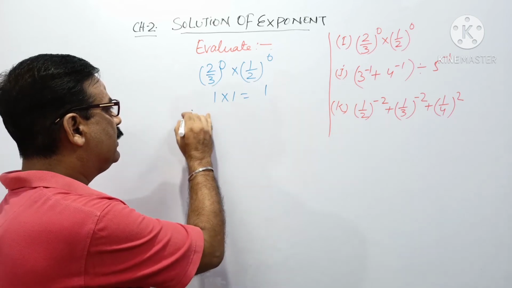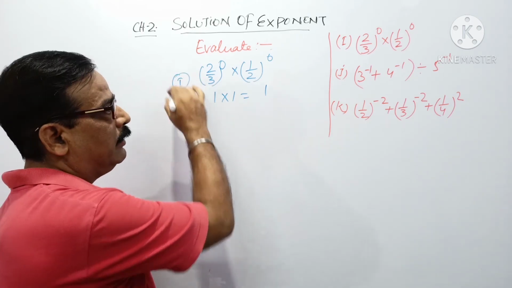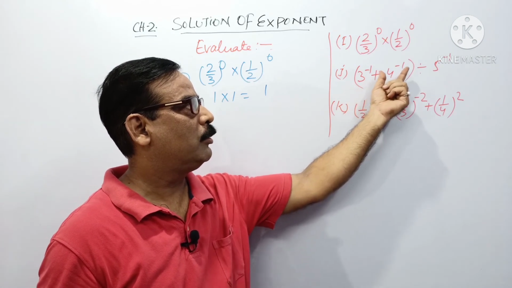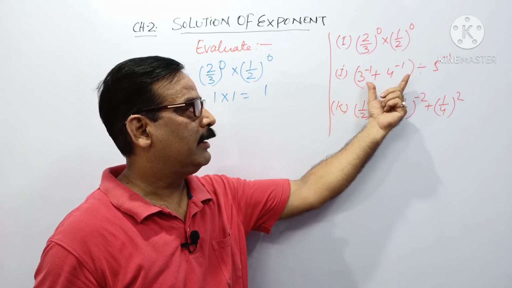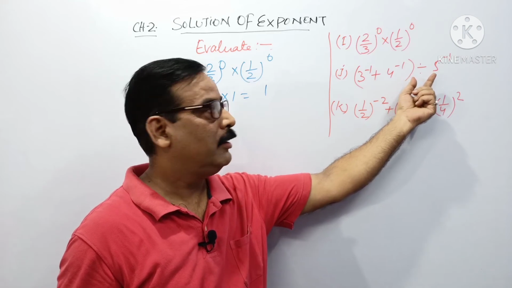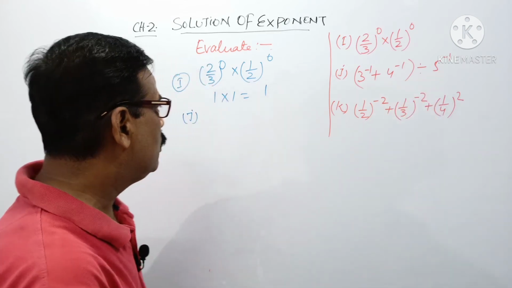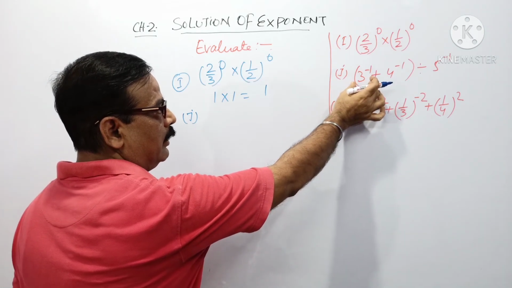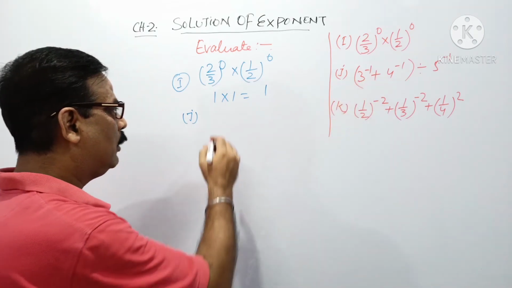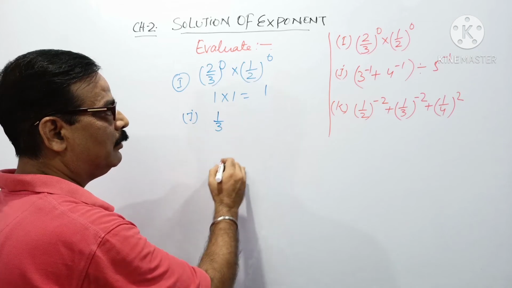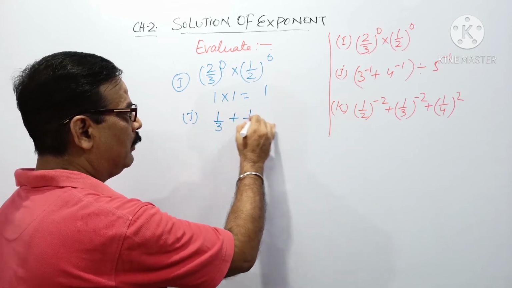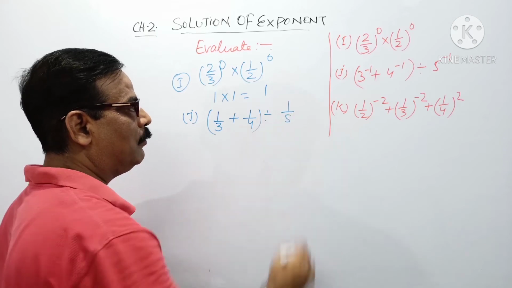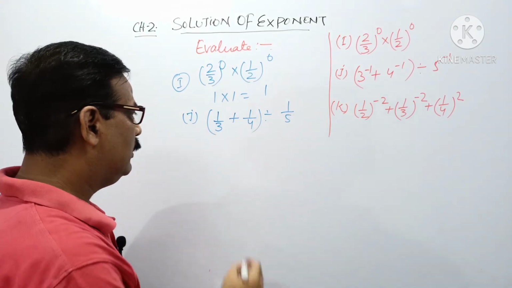The next question is 3 to the power minus 1 plus 4 to the power minus 1 in a small bracket, which is divided by 5 to the power minus 1. This is a negative exponent, so we can convert it into reciprocal form. So we can write 1 by 3 and also 1 by 4, which is divided by the reciprocal form of 5 to the power minus 1.